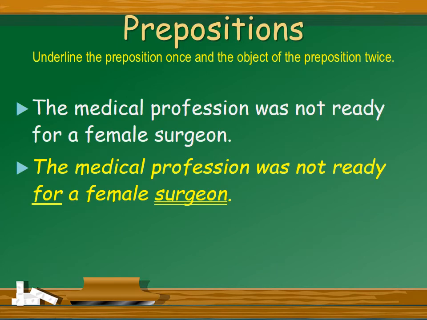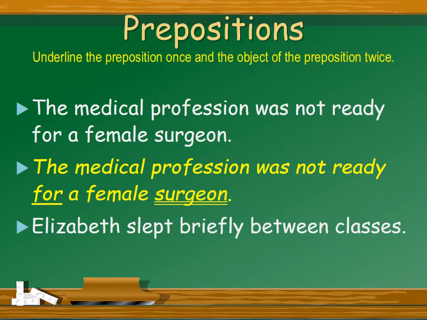For a female surgeon is the prepositional phrase here. For is the preposition and surgeon is the object. Female here is a word that describes a surgeon. So female is not an object but surgeon.